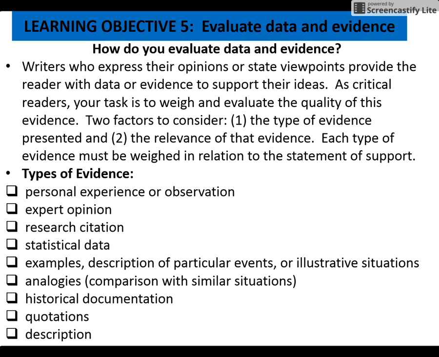So it's important that when you're identifying the evidence he or she is using within their text, look at the types of evidence to determine if the author is providing supportive evidence for their claim, for their statement, okay?